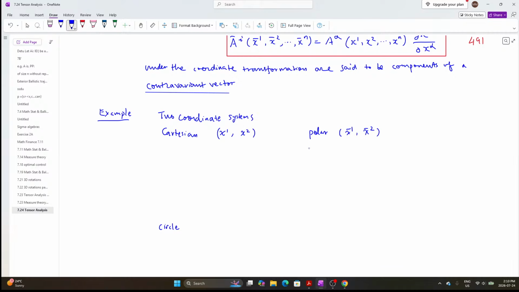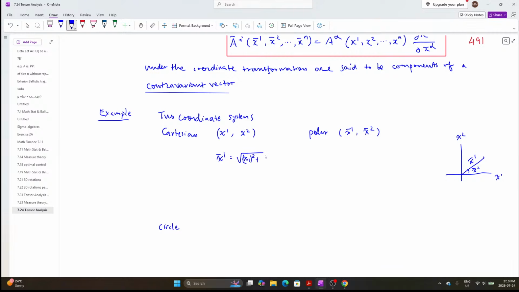So how do you convert from Cartesian to polar? Well, let's draw a picture here. So this is the point x1, x2. All right, this is the point. And then the length is x bar 1, that's r basically, and the angle here is x bar 2. So x bar 1 is the square root of x1 squared plus x2 squared.